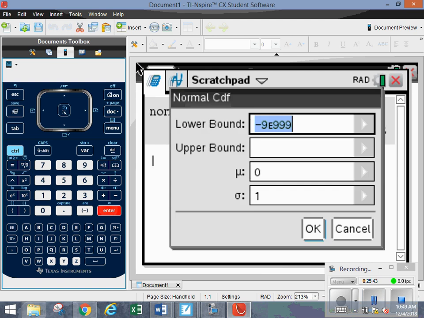Now our lower bound is going to be 0. Our upper bound is going to be as close to infinity as we can get our calculator to do. That's usually a safe one for most calculators. Since this one is on my computer, I think I could go bigger, but it's not going to change the answer. Our mean was 4.5, standard deviation of 7.